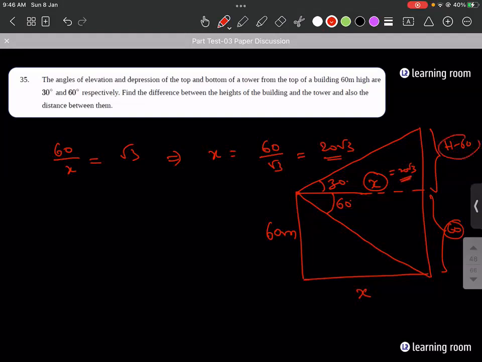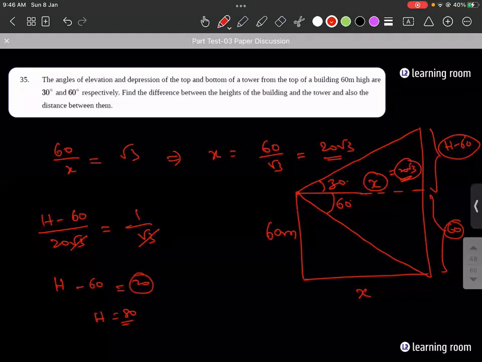Similarly, H minus 60 by 20 root 3 is equal to tan 30, that is 1 by root 3. So root 3 and root 3 are gone. H minus 60 is 20, so H will be 80. So the difference in the heights is 20. Did you understand? Yes, sir.